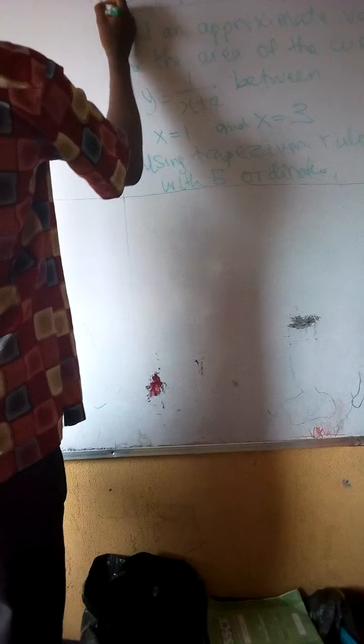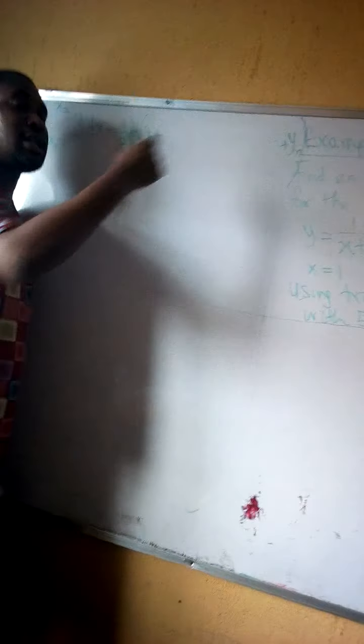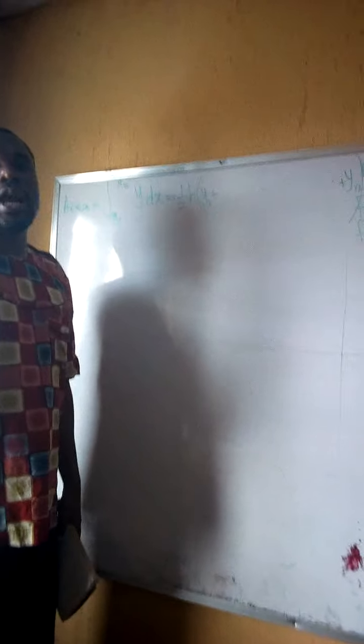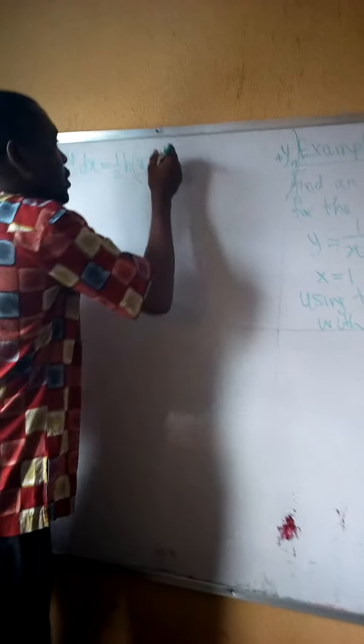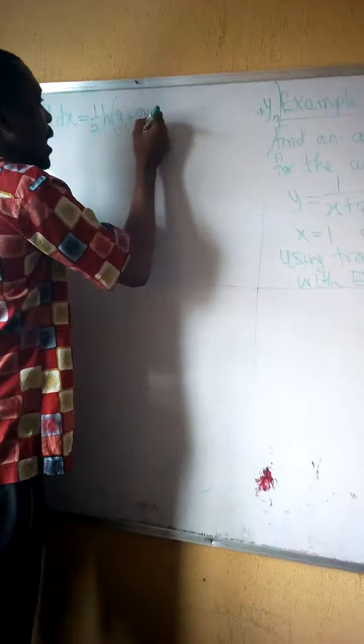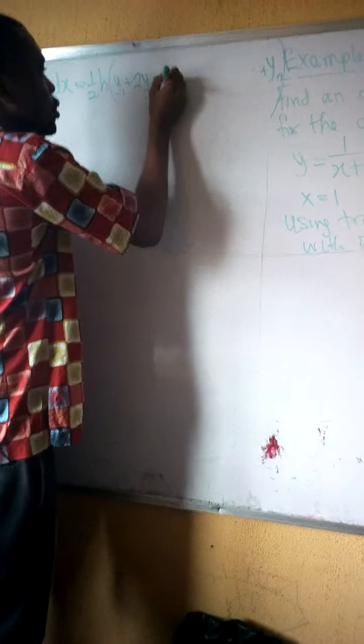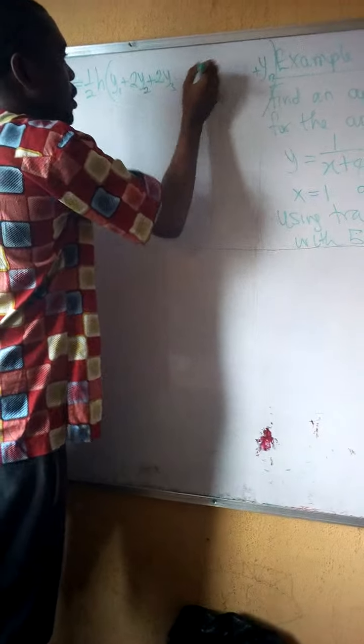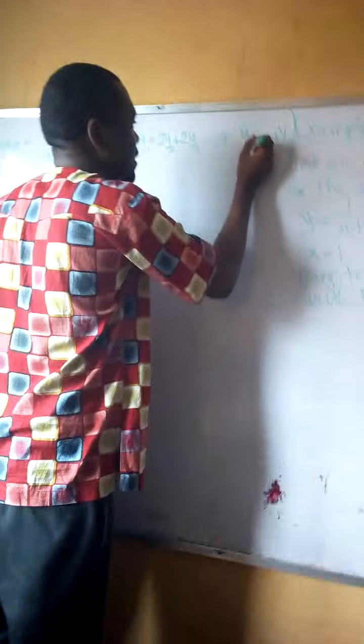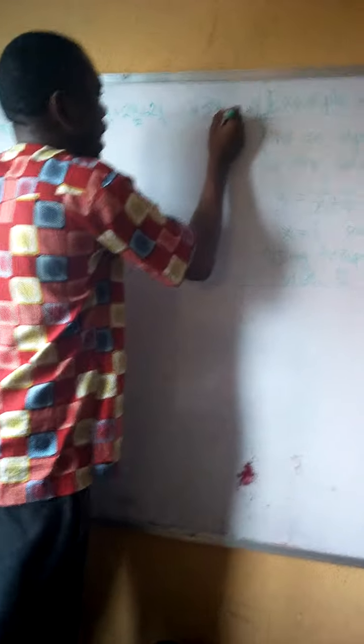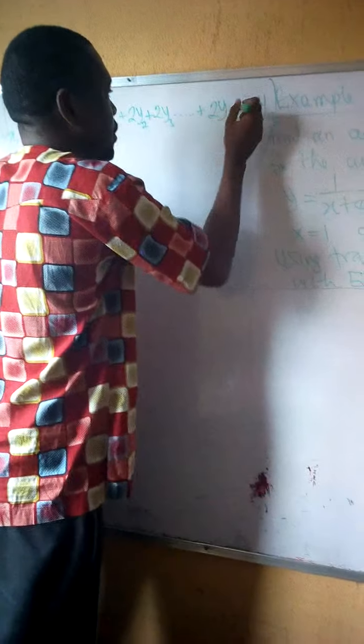All other terms will be multiplied by 2 until we get to yn. So you can fix y1 and yn first. They will have a coefficient of 1, but all other components in between will have a coefficient of 2. So that's 2y2 plus 2y3 and so on, up to the second to the last term, 2yn minus 1.